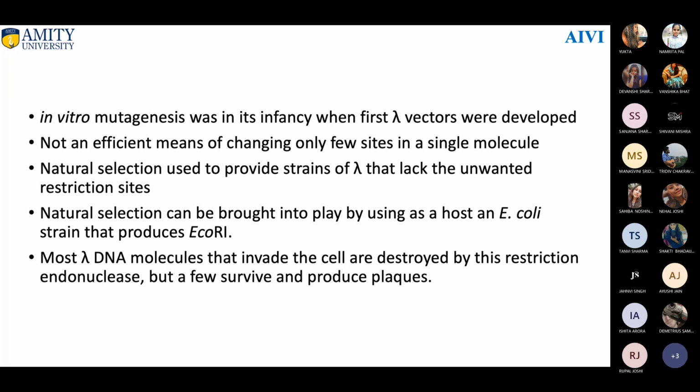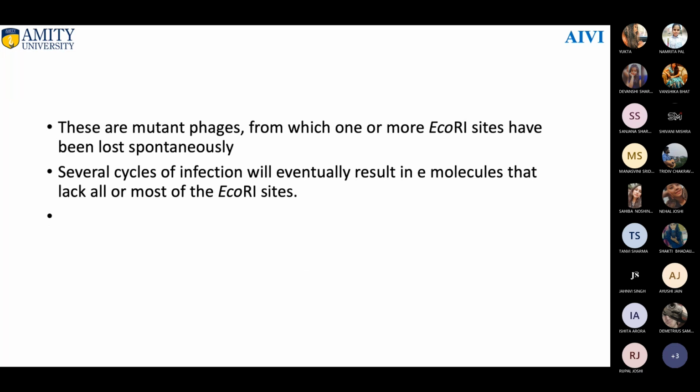So why are they surviving? There is only one reason. Either they are modified in a way that the host restriction enzyme does not recognize them, or they got mutated and lost the restriction sequence. In these mutated phage, one or more EcoRI sites have been lost spontaneously, and several cycles of infection will eventually result in a lambda molecule that lacks all or most of the EcoRI sites.